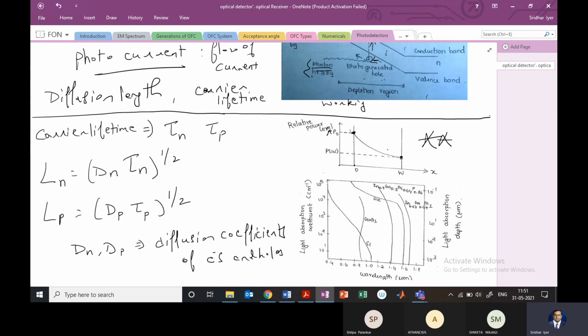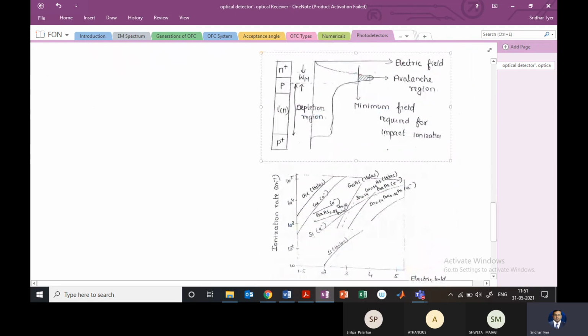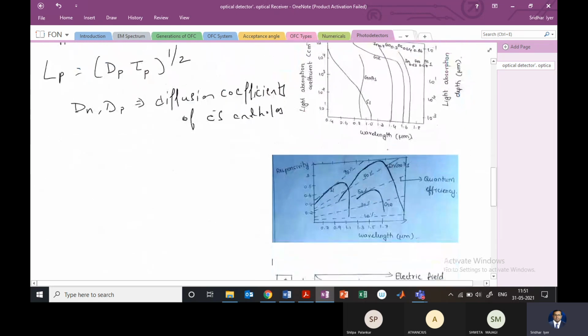What is important for us is to understand a few other aspects of photodetectors. Let me remove these diagrams. Let us first do the mathematics behind it, and then we'll go ahead with the photodetector, the avalanche photodetector. This diagram is very important, and we'll cover it a little later.